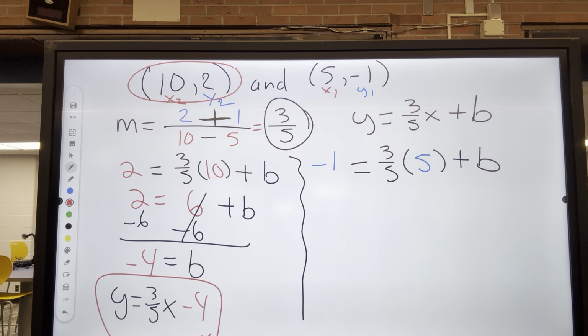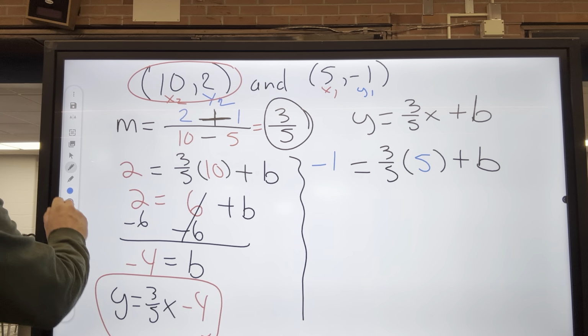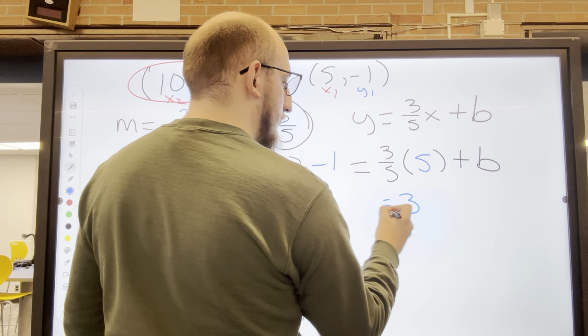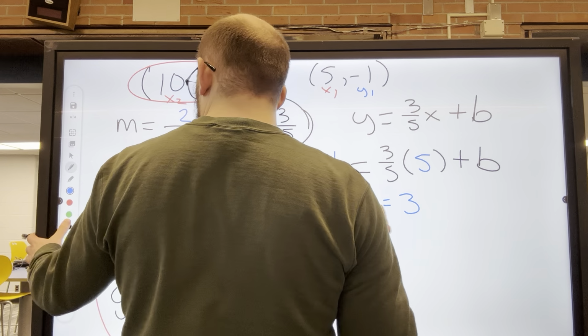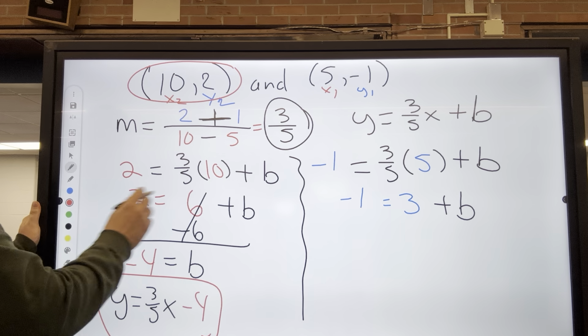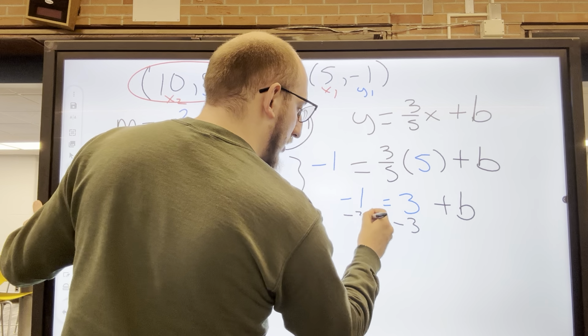Boom. That's my equation. Now what I'm going to do is I'm going to do the same thing on this side and see if it gets me the same answer. This right here gets me 3. And then how do I get rid of positive 3? Subtract it.